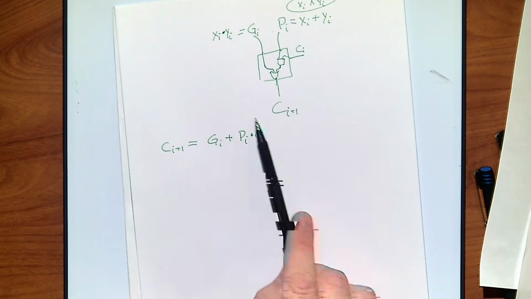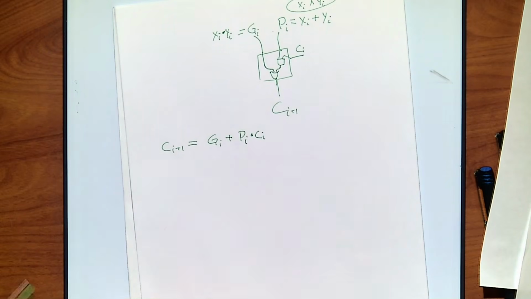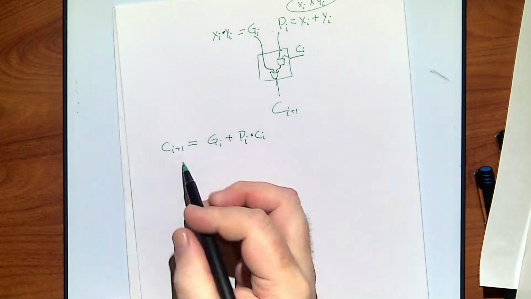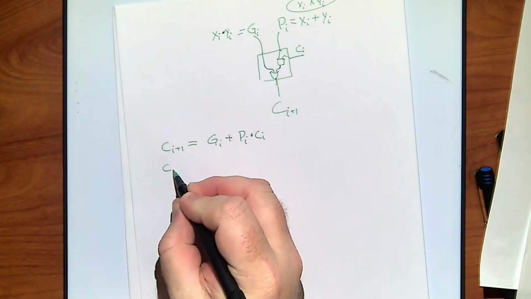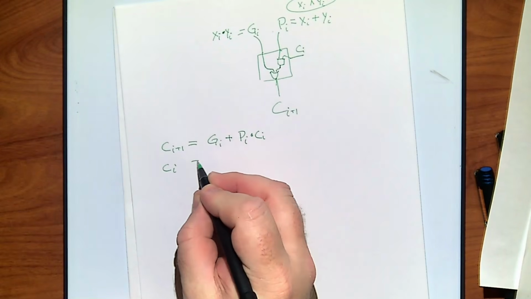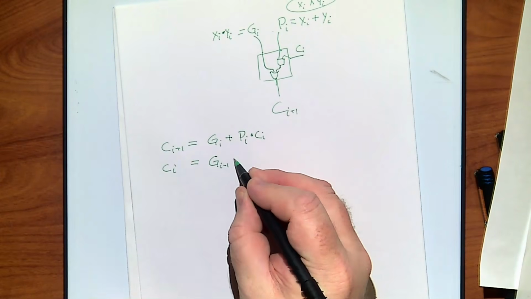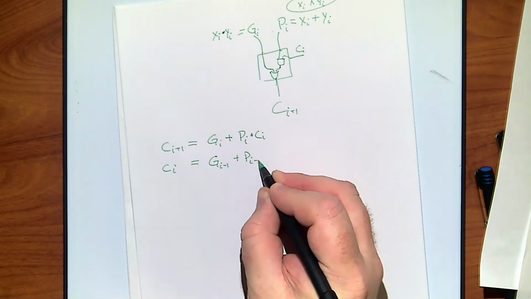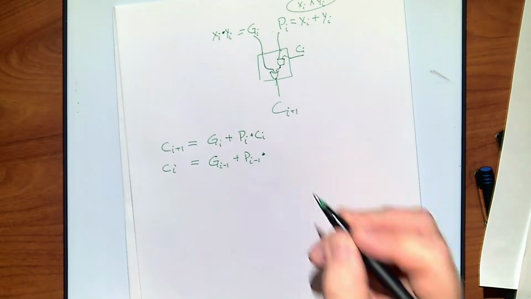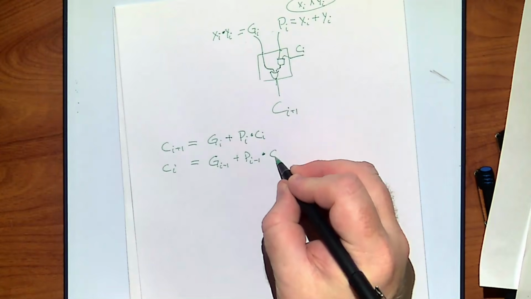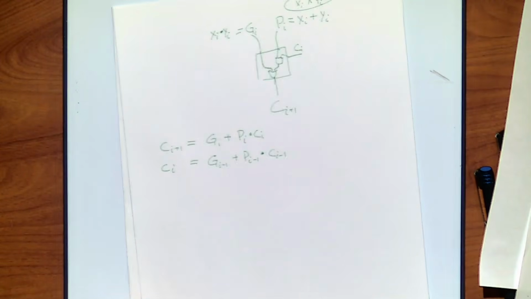Okay. Now, what if I took this and did my recursion trick and expanded it? Because this is a legitimate expression. I could say CI has to be equal to generate from I minus 1, or propagate from I minus 1 and C from I minus 1.